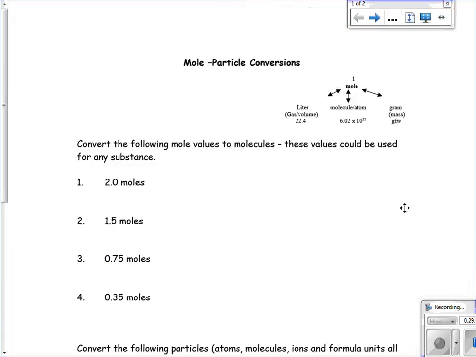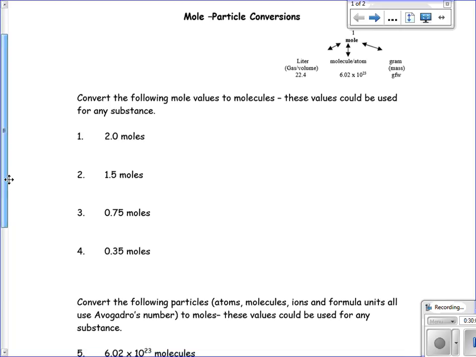Okay, particle conversions. Let's look at particle conversions. Now, for the first set of practice, we're going to consider everything molecules. So everything's going to be considered covalent compounds. So we're using molecules as our designation. In order to do this conversion, you need which magic number?